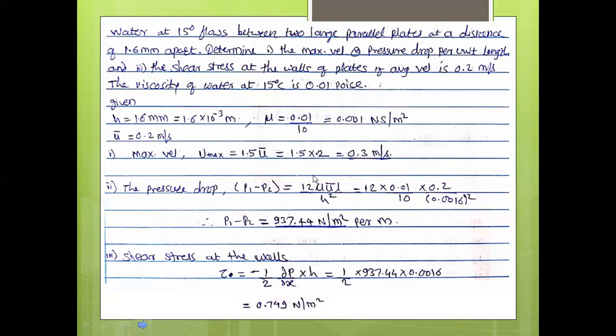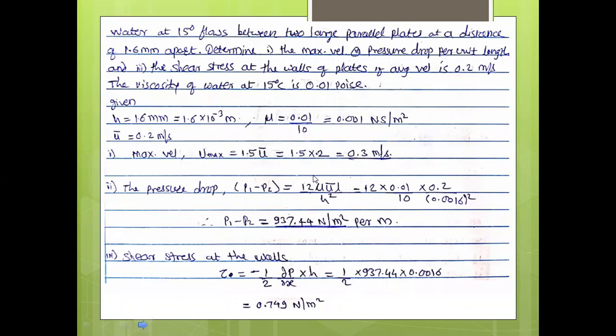That was for the pipe, and for these plates, HF is equal to (P1 minus P2) upon rho g is equal to 12 mu u bar L upon rho g h square. So in this formula, rho g you can cancel because it is asked to find the pressure drop.